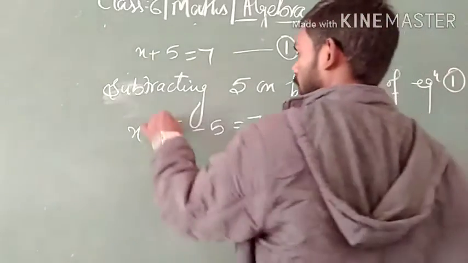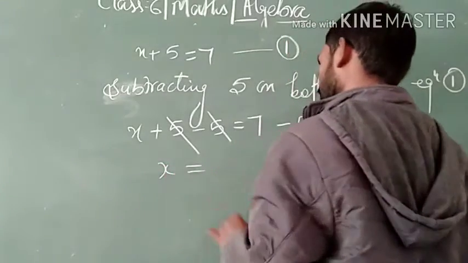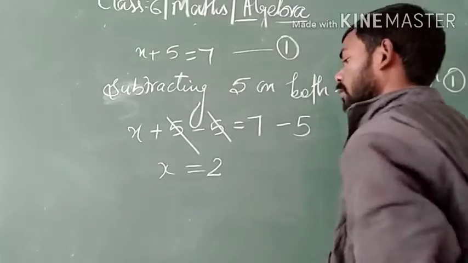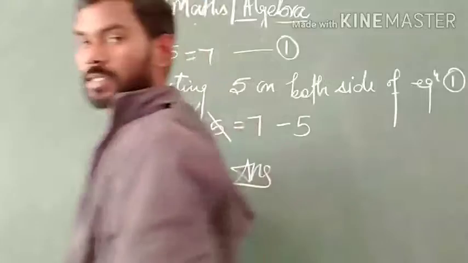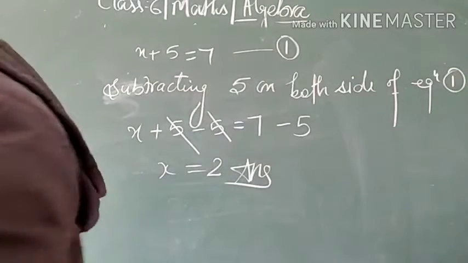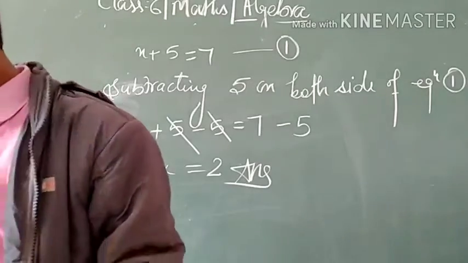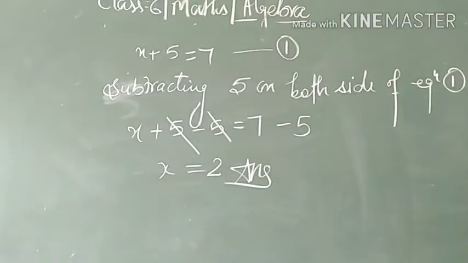So here 5 and 5 become cancelled out, and here we get x is equal to 2, which is the required result. Okay students, so I hope it is clear to everyone. Now let us see some more questions on the same method.